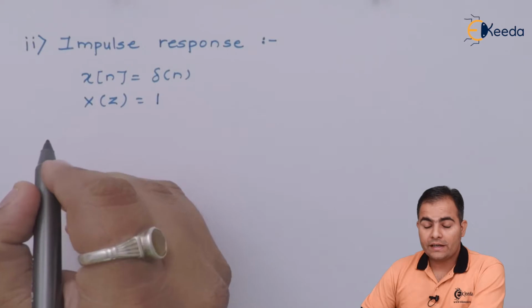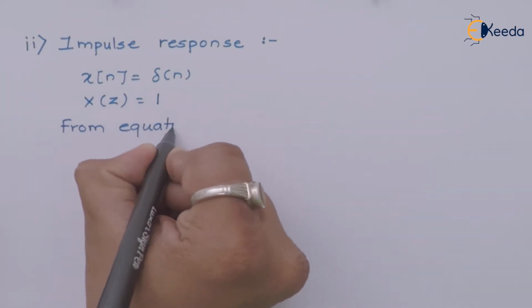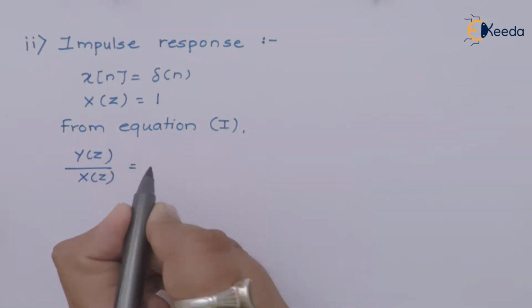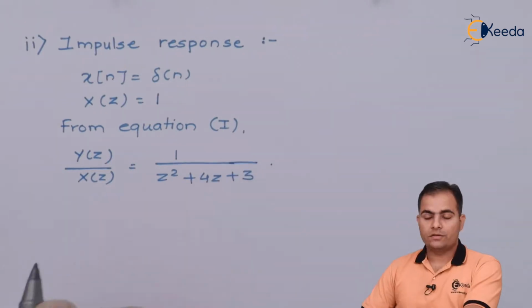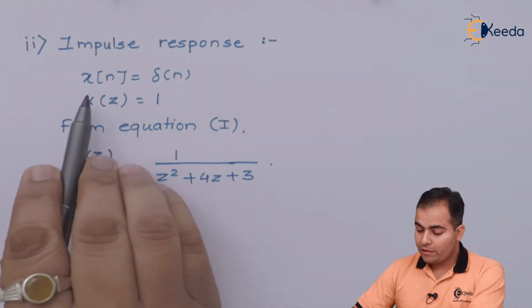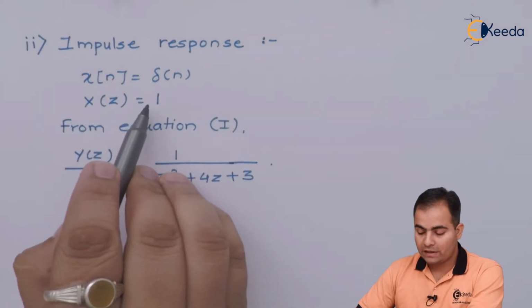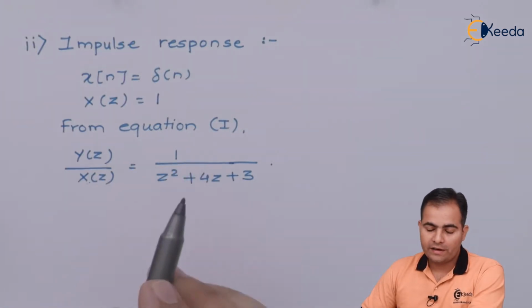Now we will use that equation number 1. So this was our equation number 1. Now what we want is the impulse response, which means we have to substitute X of z equals 1, and this X of z I'm going to shift to the right hand side.